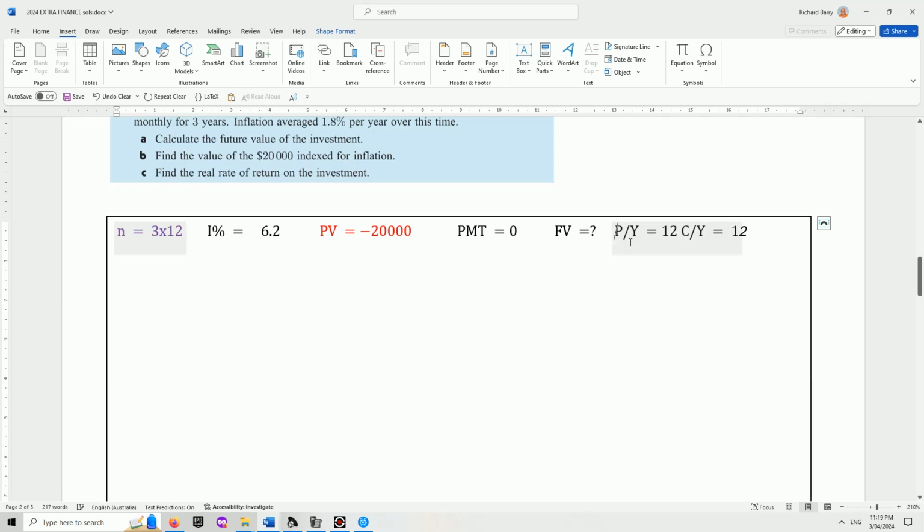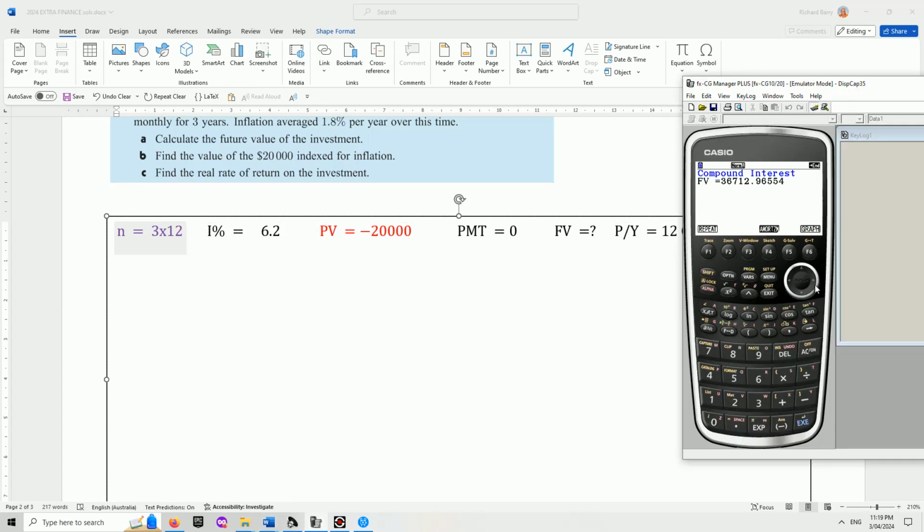Alright, onto the calculator. F2, compound interest. 3 times 12. Interest of 6.2.